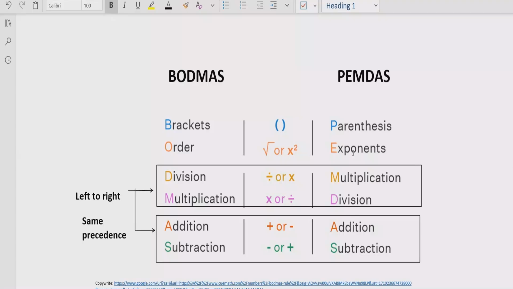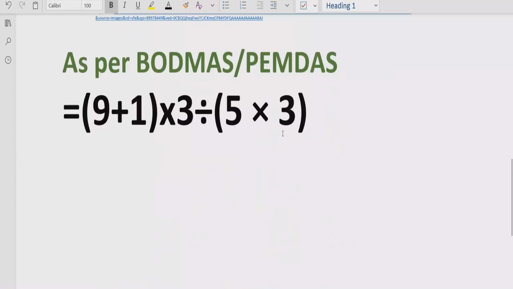Both have similar precedence, so you can solve any of them which is coming first. So you have to go left to right in your expression and find division and multiplication. Similarly, for addition and subtraction, we have the same rule. We can solve addition first if it is coming first, and we can solve subtraction first if it is coming first. Now move forward to solve the given expression.